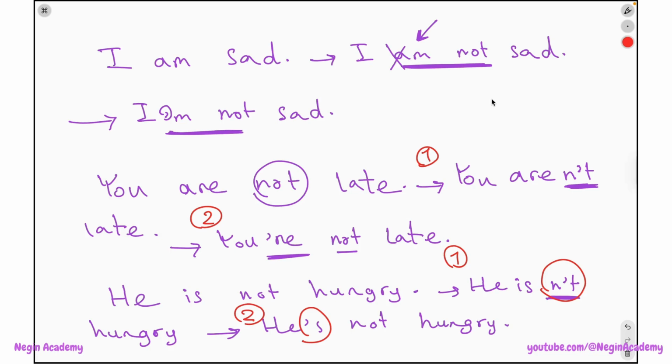The only thing that you have to remember is that whenever you contract the to be, you have to omit the vowels here, I, a, whatsoever. And for not, it has the same rule. We have to omit the O. Look at here. This is the not, and when we want to contract it, we have to write it like this: n't. You aren't. He isn't.